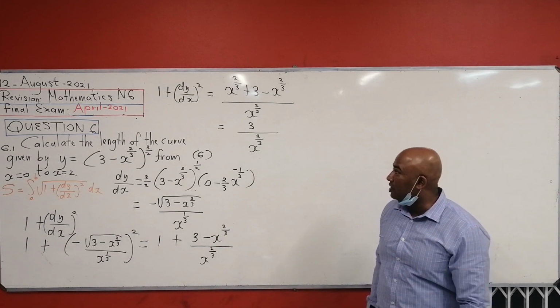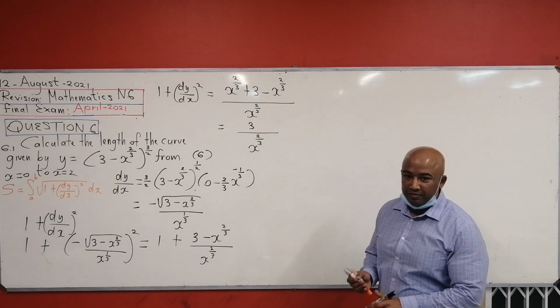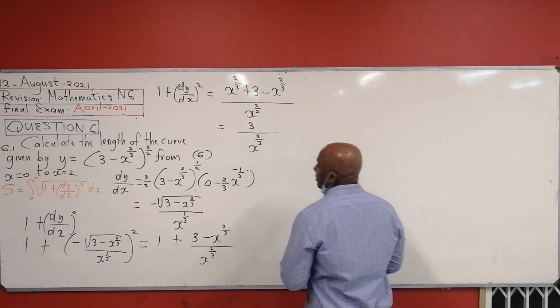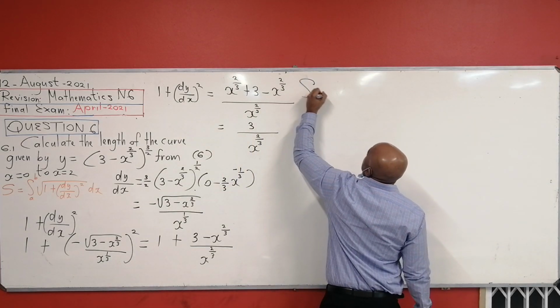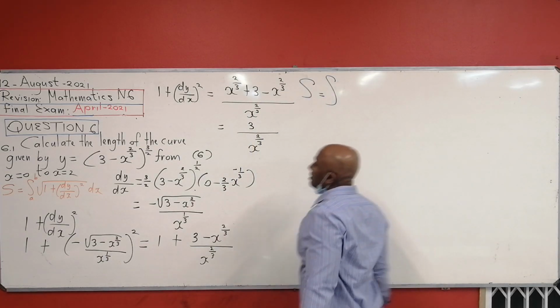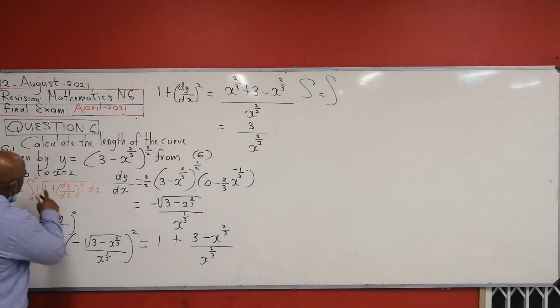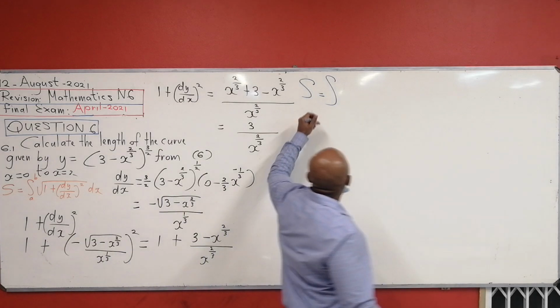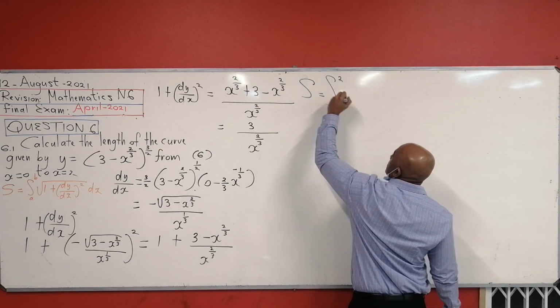So let's substitute into the formula. The formula: s is equal to the integral, with our b and a being 0 to 2. So that's my 0, that's my 2.